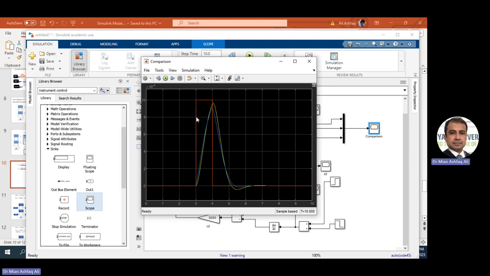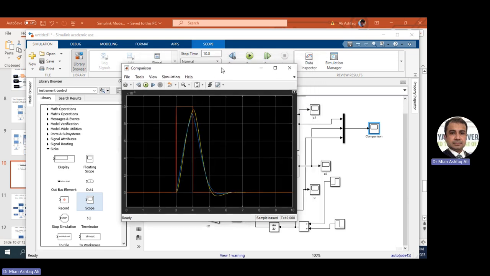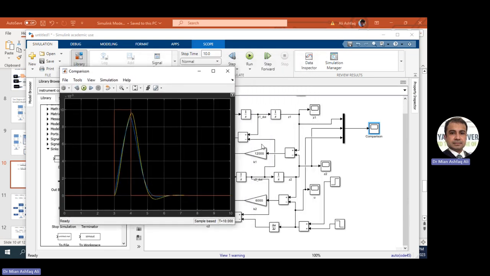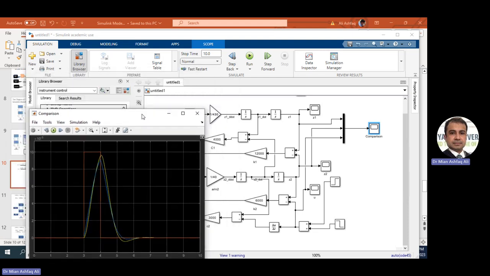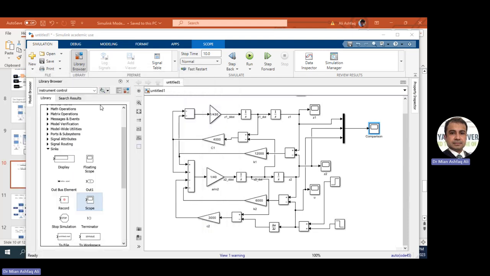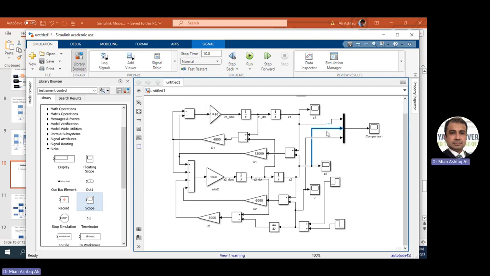So this orange line is the input, and then we have further two lines in the form of x1 and x2, just to bring the reference values of all the three signals to slightly different magnitude. What I'm going to do is I'm just adding some value with this signal so that it becomes slightly higher than the road input.